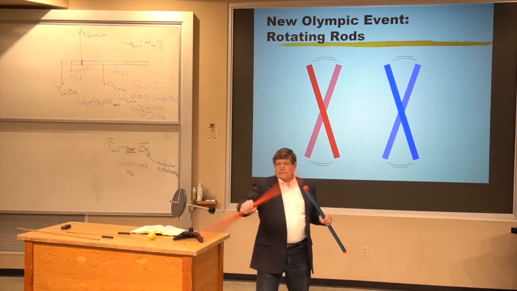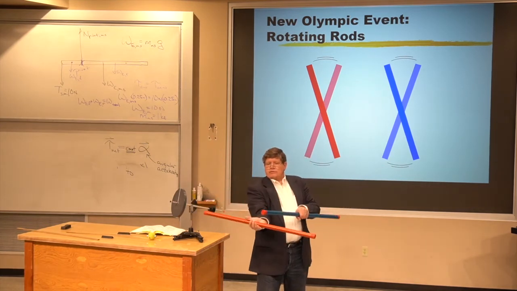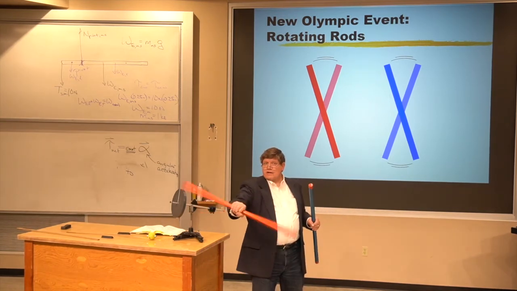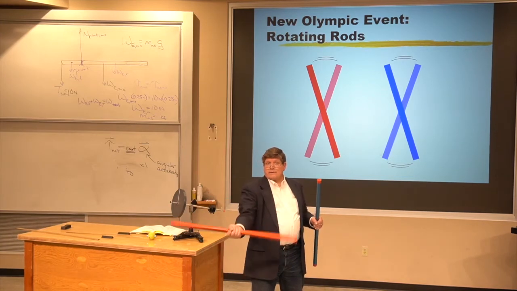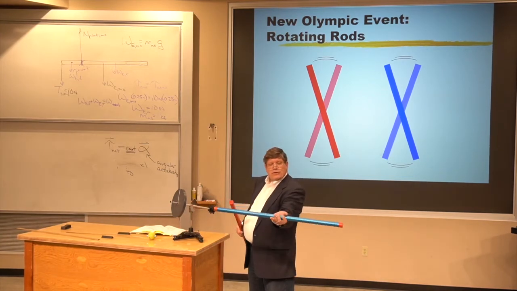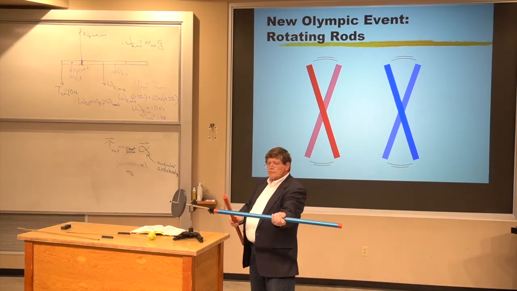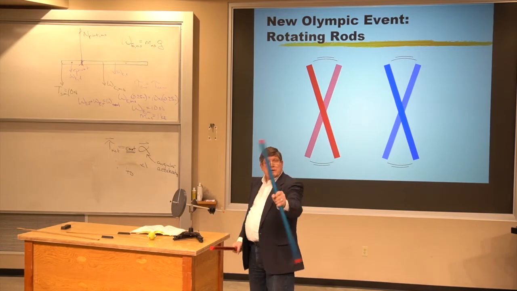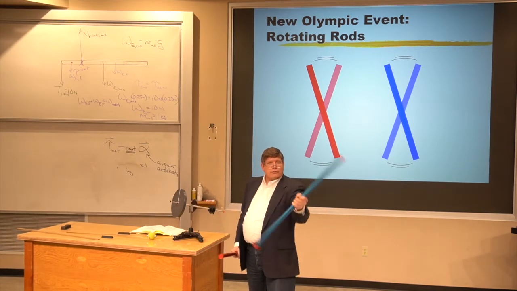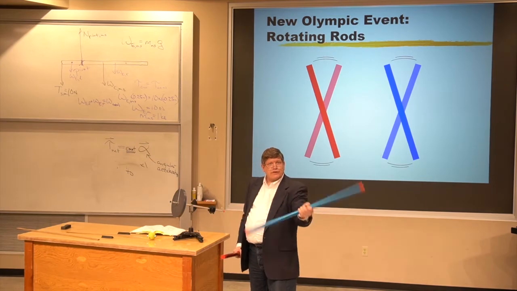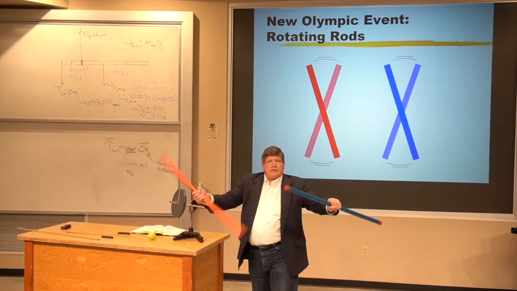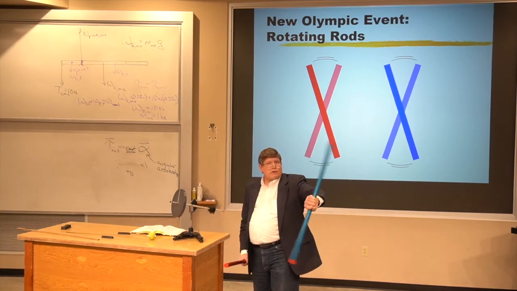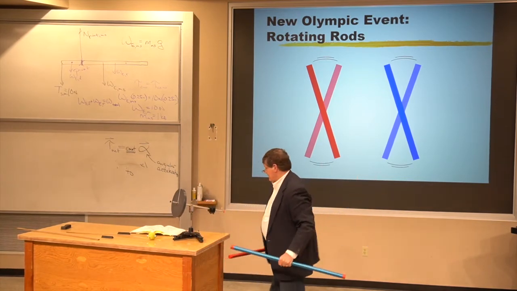In the red rod that's easy to rotate, most of the mass is located right here in the center, close to the axis of rotation, so that it's easy to rotate. Whereas for this blue rod, most of the mass is out at the ends, far away from the axis of rotation, making it hard to rotate. Okay, so for the same torque on both of these, I get a large angular acceleration here, and I get a small angular acceleration there.